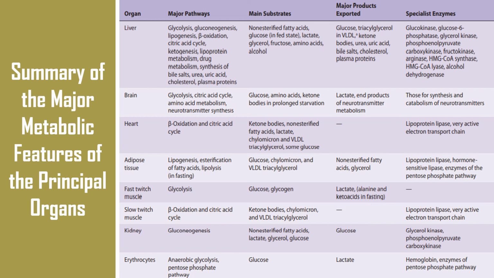Main substrate is glucose. Major product exported is lactate, and the specialist enzymes include hemoglobin and enzymes of the pentose phosphate pathway. This is the summary of the major metabolic features of the principal organs.